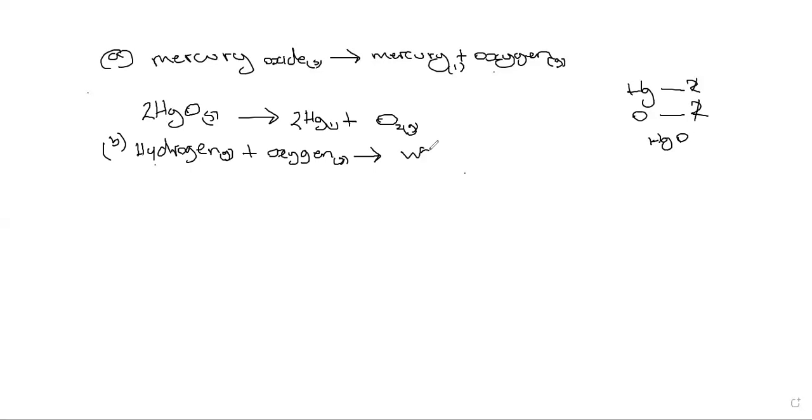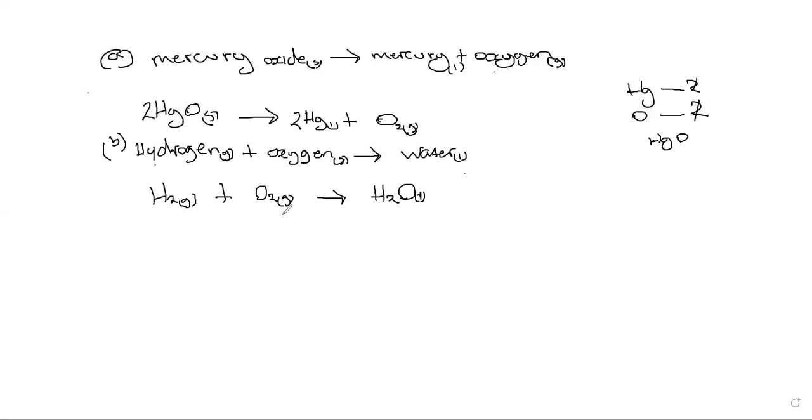It's water, H2O, liquid. Let's write it in a chemical equation. Hydrogen gas is H2 plus oxygen is also O2. They are both gases. Then they are going to produce H2O, liquid.